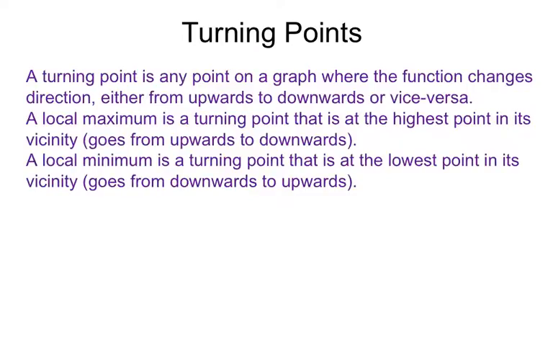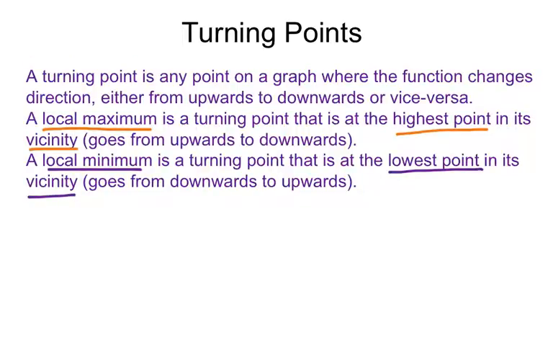So a local maximum is a turning point that's at the highest point in its vicinity, and a local minimum is a turning point that is the lowest point within the vicinity.